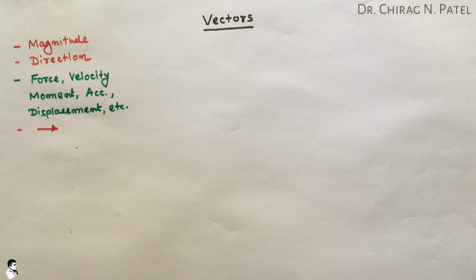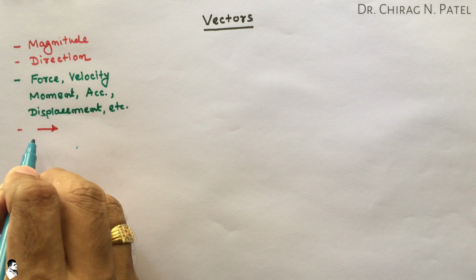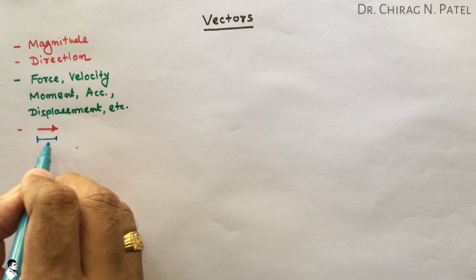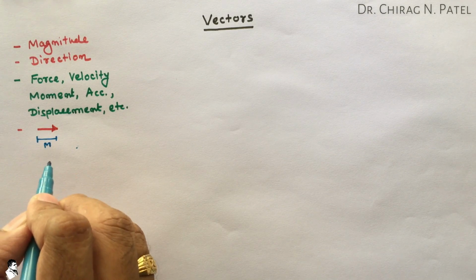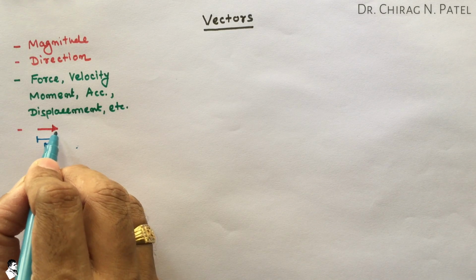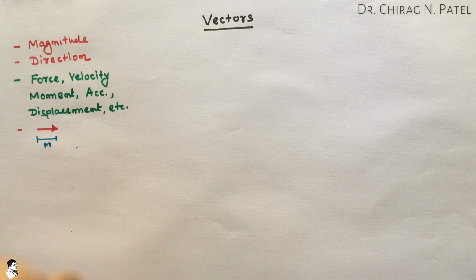That arrow represents the magnitude of the vector quantity, and the arrowhead represents the direction of that vector quantity.